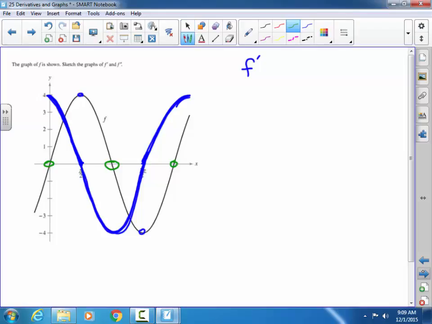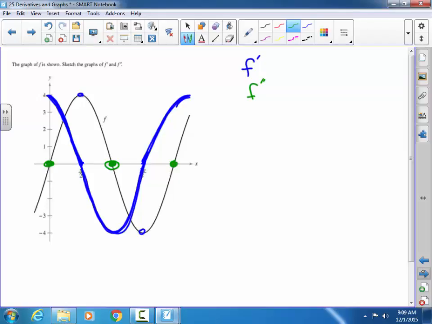Now, assuming that those 3 points that we colored in green are actual inflection points, then that means that the second derivative has to be 0 at these 3 places here. Does that agree with what we've drawn for our blue?